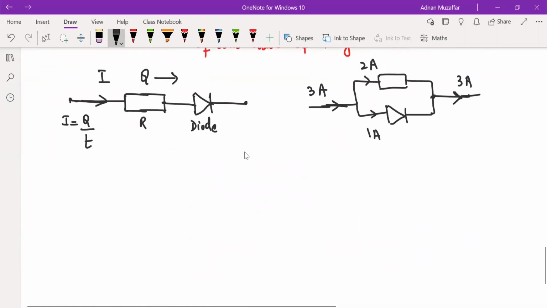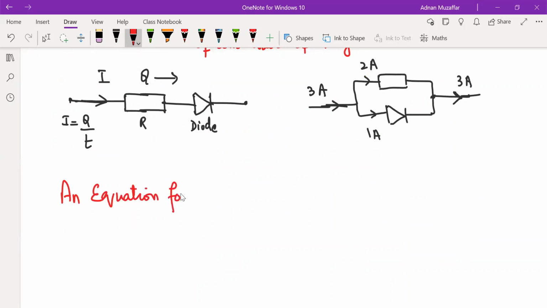Okay, then further, there is a very important equation which is called an equation for current. This can be a new topic for you because you have not studied it in your IGCSE. This is called an equation for current. So please concentrate, all of you.